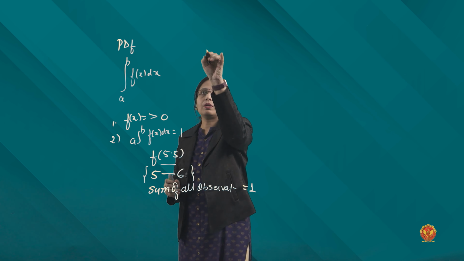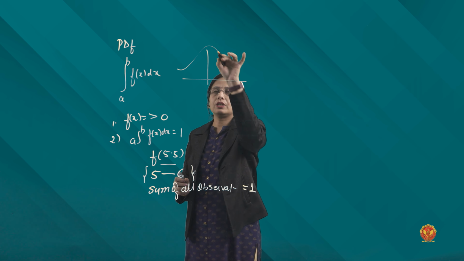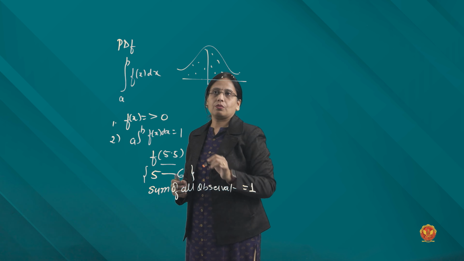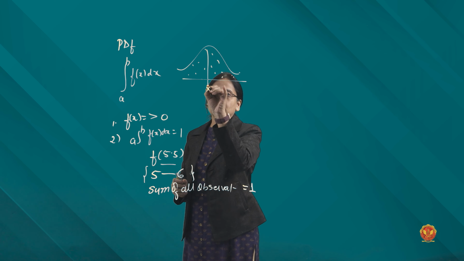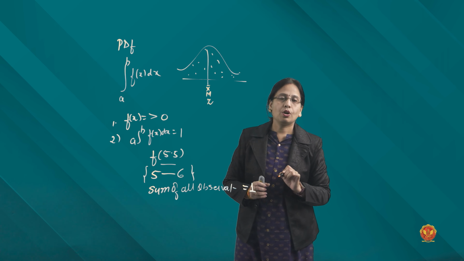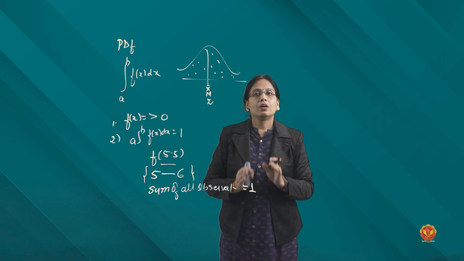Now, as we were talking about this diagrammatic representation, all observations lie under this curve, where this is my average, mean, median, mode. It's a normal distribution case, right?